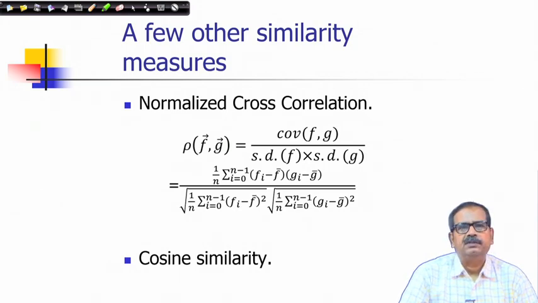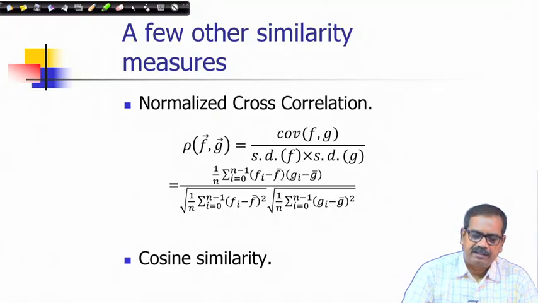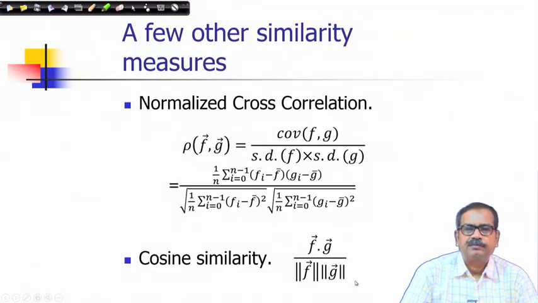Whereas, the other function, which is called cosine similarity, is defined in this way. This is the cosine of the angle formed between these two vectors. So, we are normalizing these vectors and then taking the dot product, and that defines the cosine of the angle formed between these two vectors.